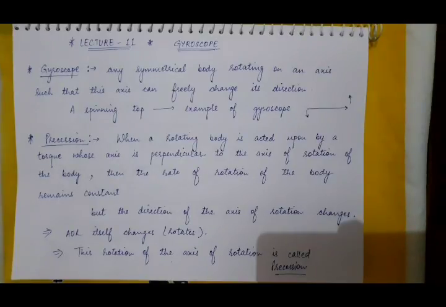This continuous change in the direction of the axis of rotation is known as precession of the axis of rotation. So what is precession? When any rigid body is rotating about an axis, and to change the direction of that axis of rotation, you apply torque over that axis in a direction perpendicular to that axis, then the direction of that axis of rotation changes.